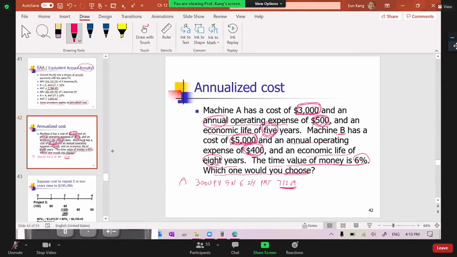Then what? Then that plus 500, this 500 is already annualized, right? 1212.19.